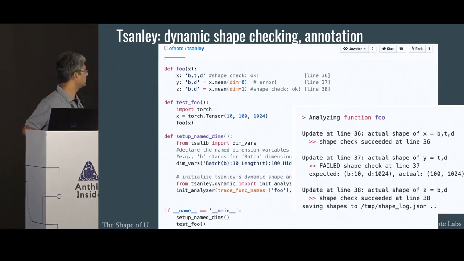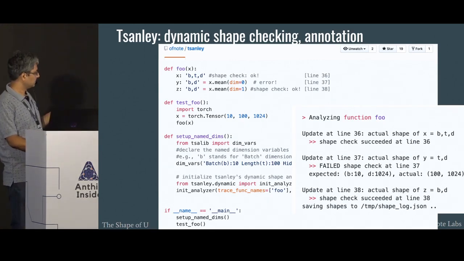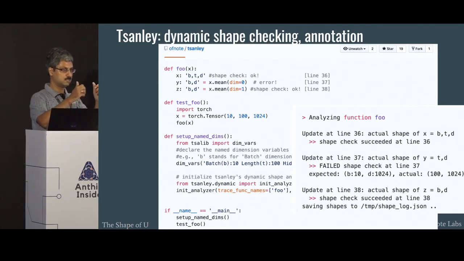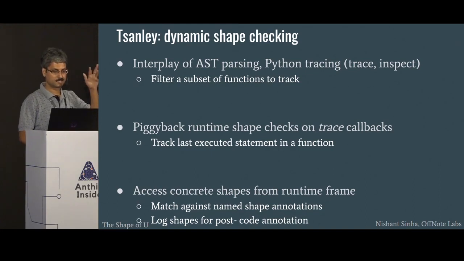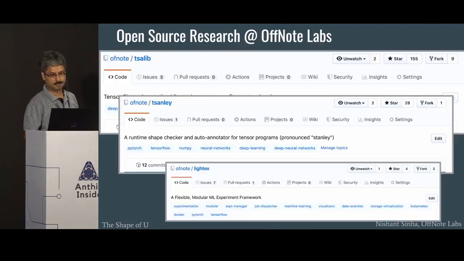And line 38 succeeds. So if you write them, you automatically can check them. And if your program changes and you make inadvertent errors, the tool tsanley can help you. The internals I can talk to you about. It basically builds on the Python tracing mechanism, piggybacks onto it, and does some AST parsing and all that.